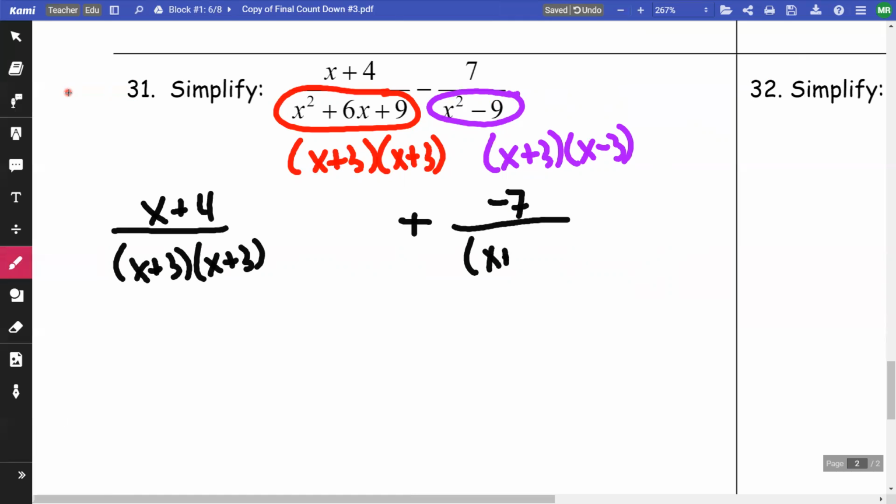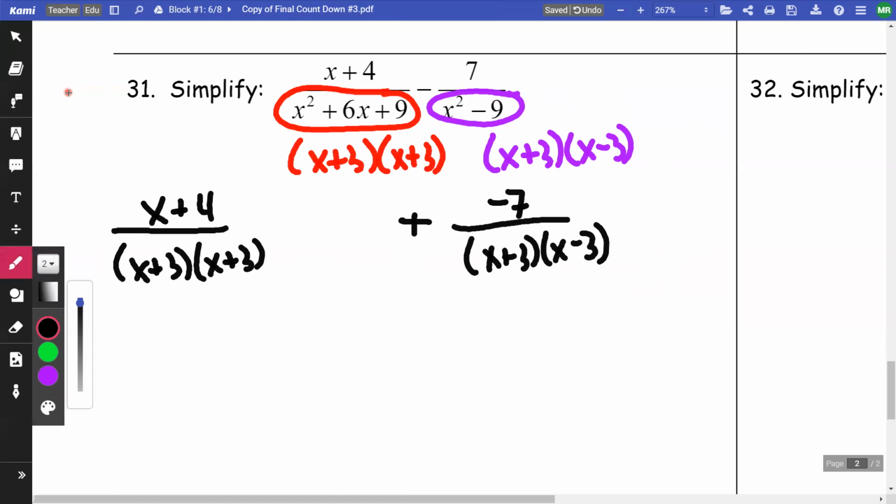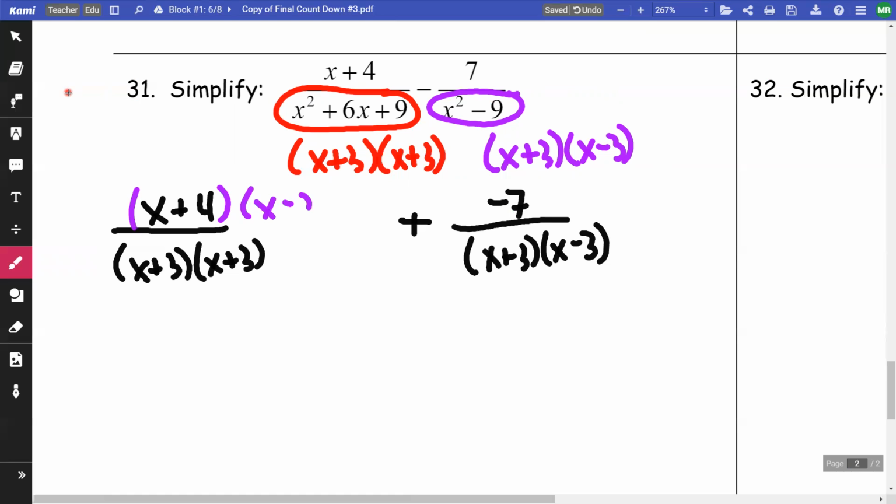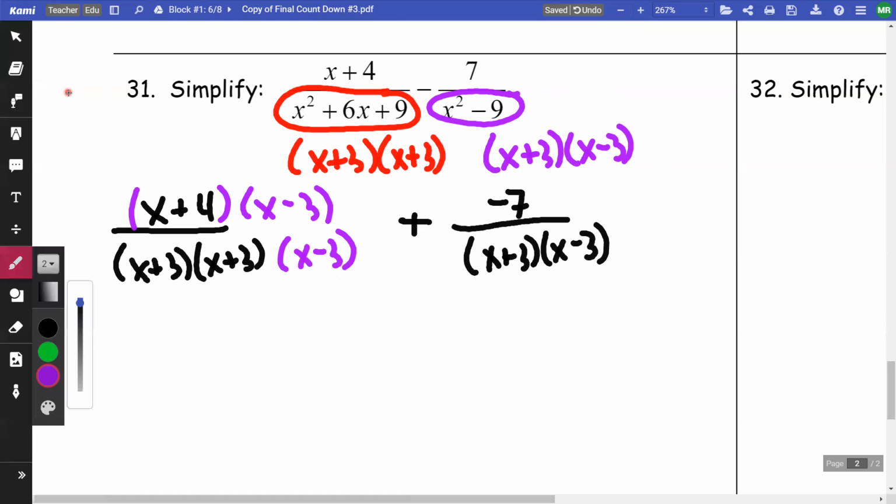And this is an x plus 3 times x minus 3. Now I need a common denominator. So I am going to need to multiply top and bottom by x minus 3 over here, because this one didn't have an x minus 3. And the other side does have an x plus 3, but I have 2 of them over here. So I need 2 of them over here.